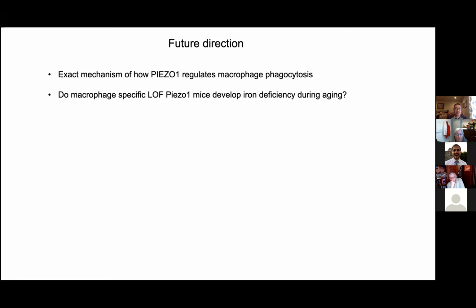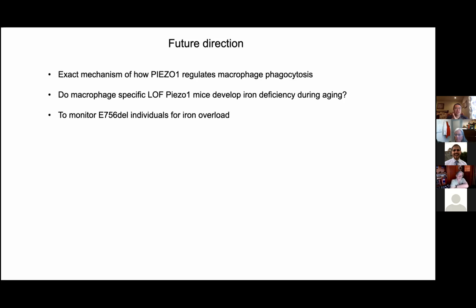Another interesting thing to ask is whether the macrophage-specific loss of function piezo-1 might develop iron deficiency during aging, which is the opposite phenotype of iron overload in the gain of function animals.